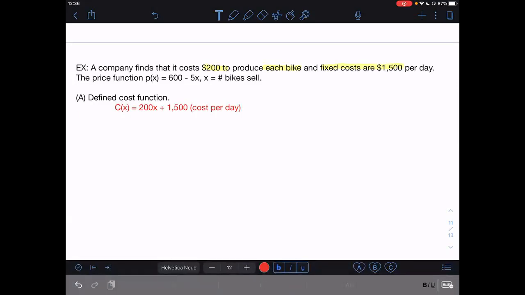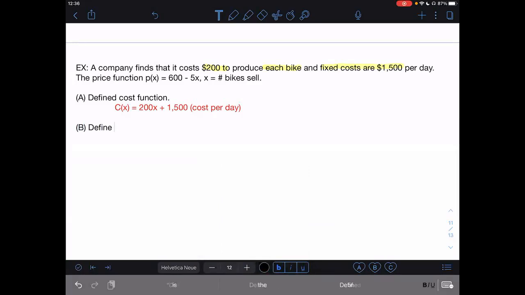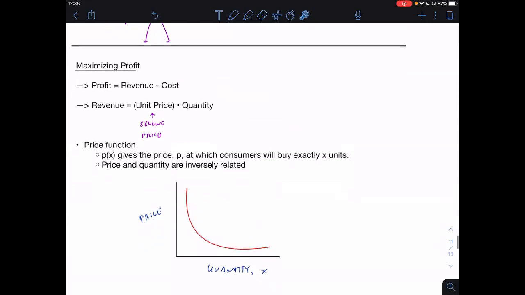Now, for part B, let's define our revenue function. We have our cost function, and now let's define our revenue function. Again, the revenue function represents how much we're going to make from selling X amount of units at a certain price point.